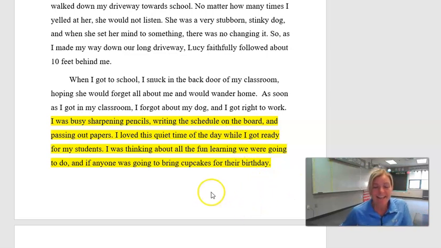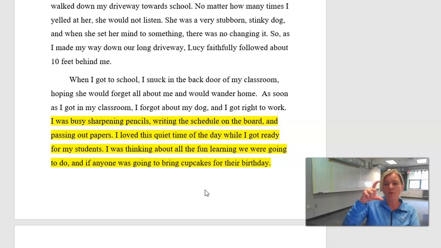So, writers, today I want you to go back, reread your story again, and see where you can really add details about yourself as the character, what you were doing, what you were saying, what you were thinking, and add that to your story. On our schedule, we've written that you should be writing about 20 minutes a day.